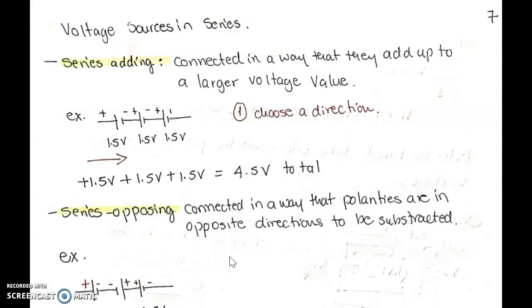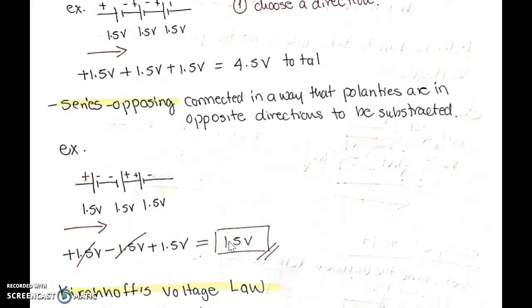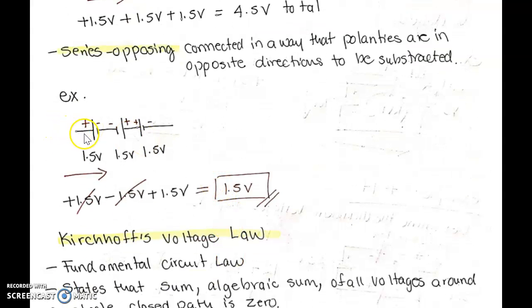And if they are reversed, instead of adding, they are going to be subtracted, as in the example right here. We have 3 batteries. They are still 1.5 volts. And now I'm going to assign the positive and the negative polarities. So this is positive, negative. This is negative, positive, positive, negative.